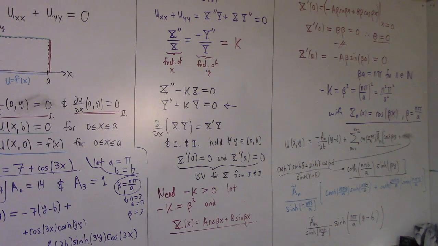I mean, the way he factors out the coth basically in his solution, from my perspective, it is nice. It's a better way to write the solution, you know? So if I can read correctly, this is allegedly equal to minus 7 times y minus b, plus, if I use his way of doing things, 1 over the sinh.